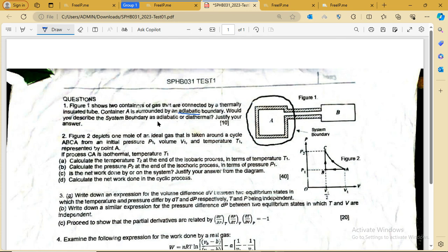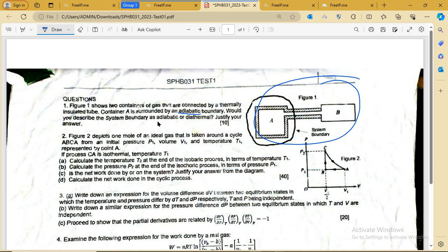The adiabatic that I'm talking about is this one. Adiabatic boundary. Container A is surrounded by an adiabatic boundary. Will you describe the system boundary as adiabatic or diathermal? Now you are going to talk of the whole system now. Is it adiabatic or diathermal?